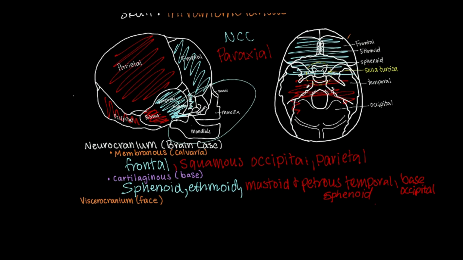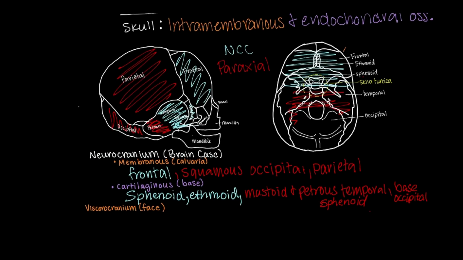So now moving on to our viscerocranium. The viscerocranium is going to form via intramembranous ossification. Thankfully, all of these bones are going to be derived via neural crest cells. All we have to do is just list them out. So here's our viscerocranium.